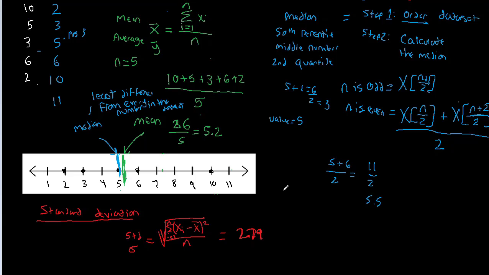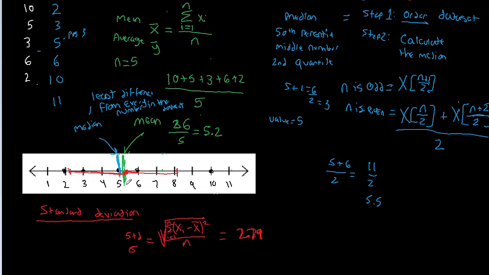So what this means visually, given the mean, is 2.79 along the number line here. 5.2 plus 2.79 is approximately 3, so from 5.2 plus 3 to 8.2, and from 5.2 minus 3 is going to be 2.2. So approximately this distance.